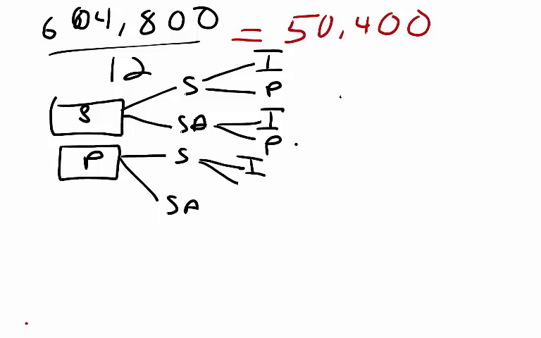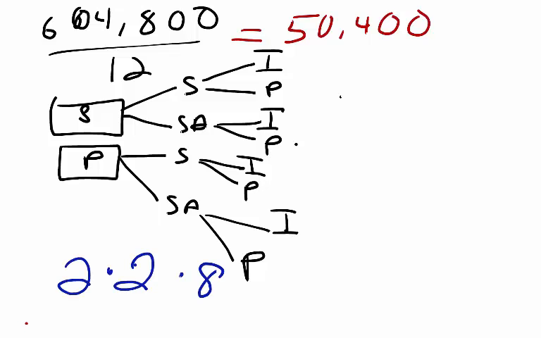So when we set up a tree diagram like this, here we have 2 entrees, choice of soup or salad, choice of ice cream or pudding.